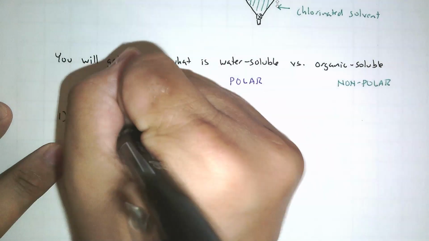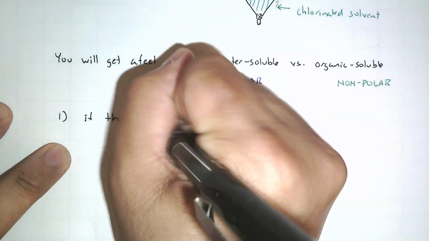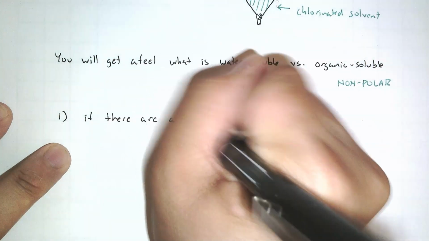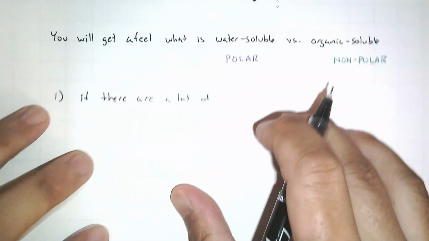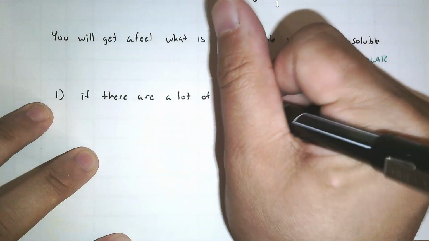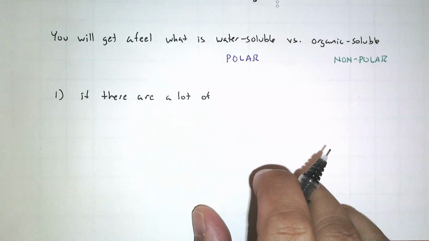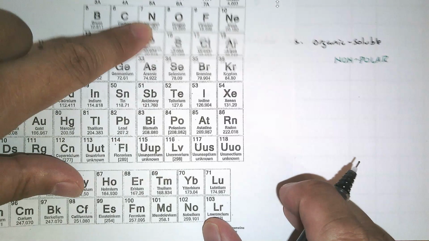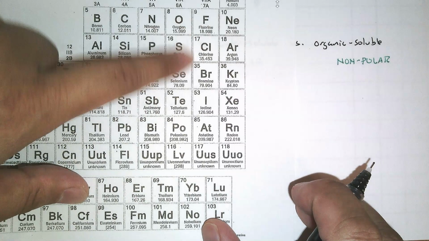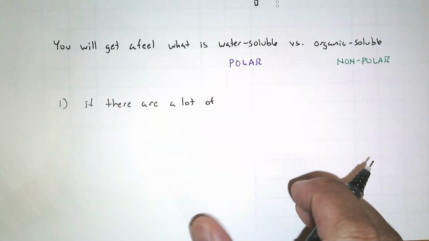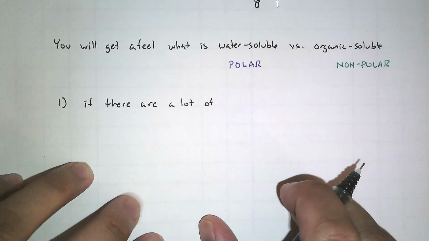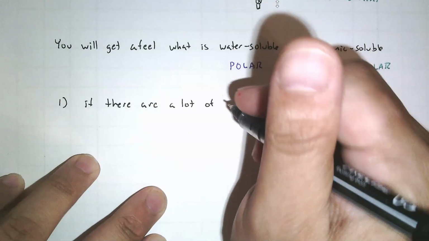Okay, so the first thing is one, if there are a lot of atoms that are not carbon and hydrogen. So looking at the periodic table, if there's a lot of nitrogen, oxygen, fluorine, and the halogens, chlorine, bromine, and iodine, relative to the number of carbon and hydrogens, then the molecule will likely be polar.